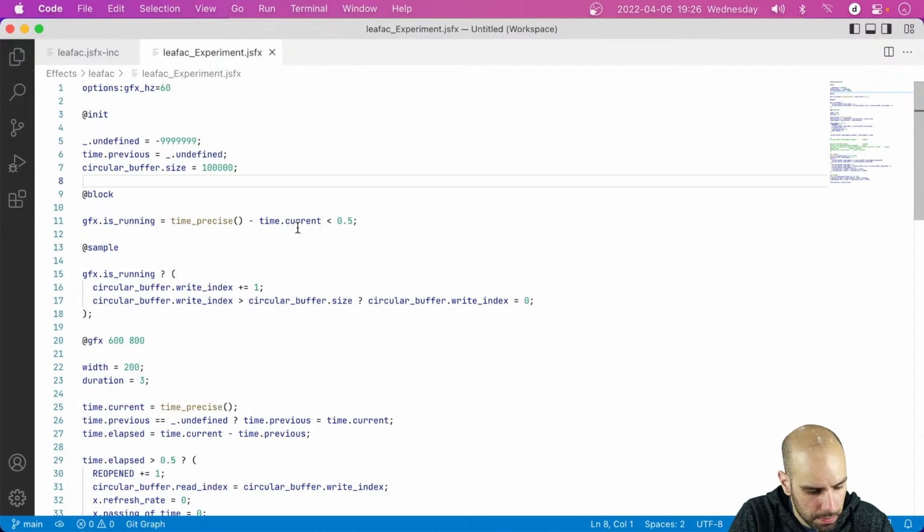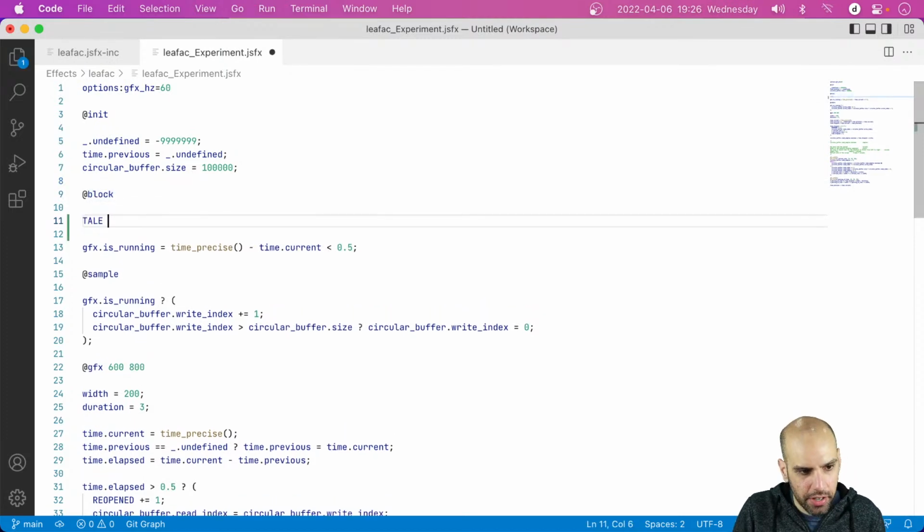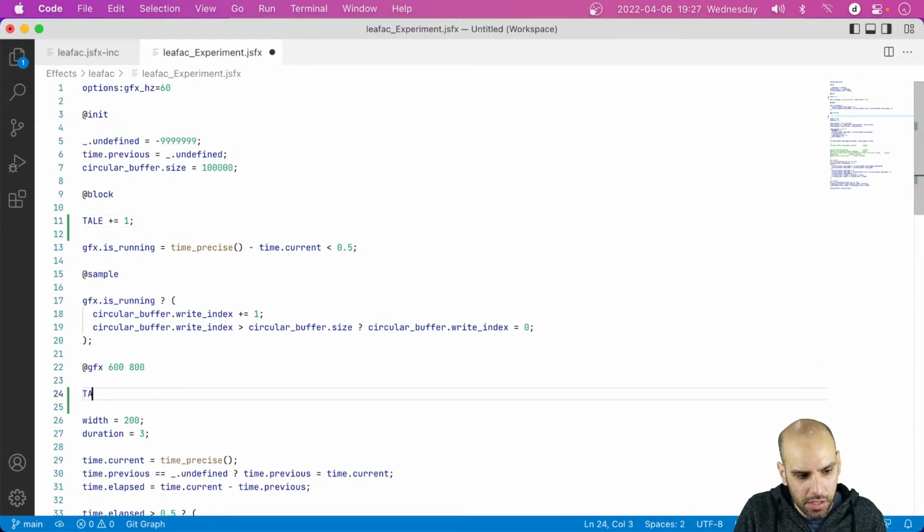There is another kind of cute solution. It goes like this. You have the tail variable that you increment anytime that the block runs. And over here, you have the tail variable and you decrement by the block size. How is the block size called? I don't remember. There is an S rate variable and there is a block size variable, but I don't remember what it's called.